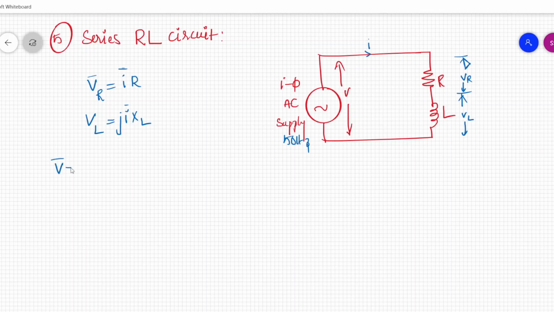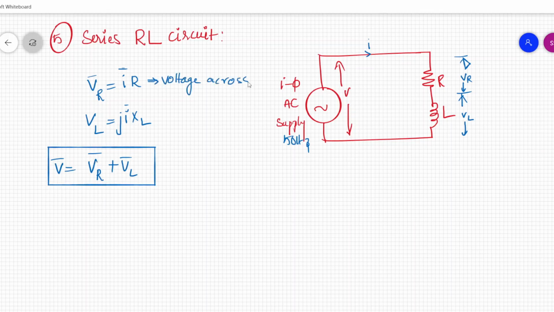Now the source voltage V equals VR bar plus VL bar. This is a vector sum, as I told you earlier. So this is the voltage across the resistor, and this is the voltage across the inductor.